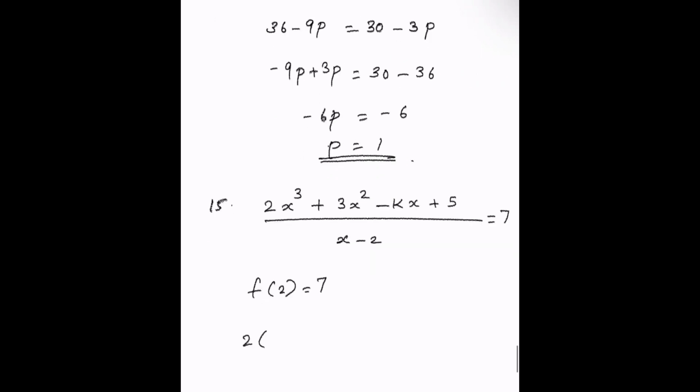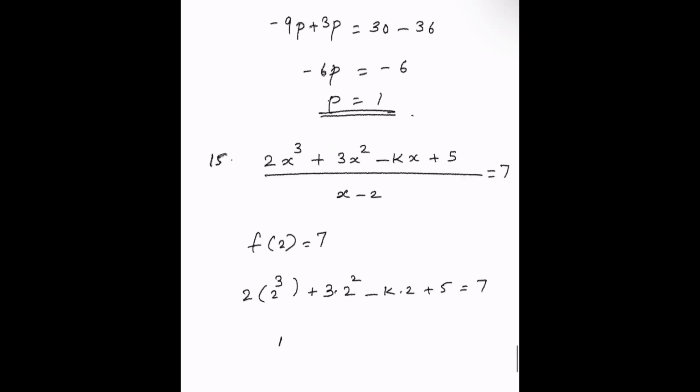So 2 into 2 cube plus 3 into 2 square minus k into 2 plus 5 equal to 7. So 16 plus 4 3s are 12 minus 2k plus 5 equal to 7. 16 plus 12 is 28, 28 plus 5 is 33.